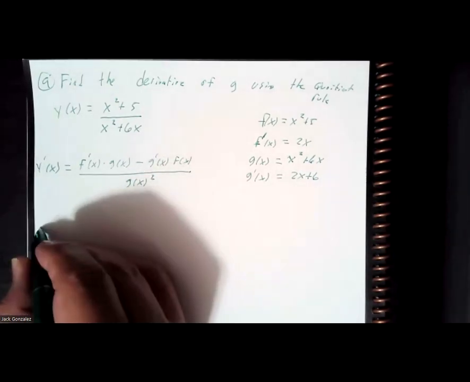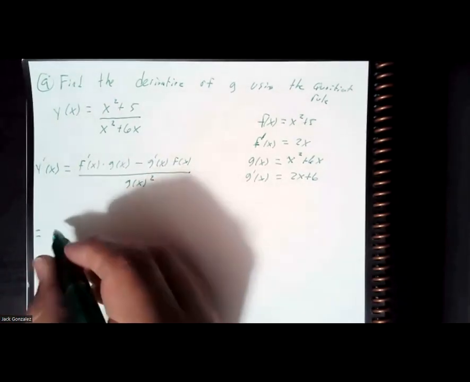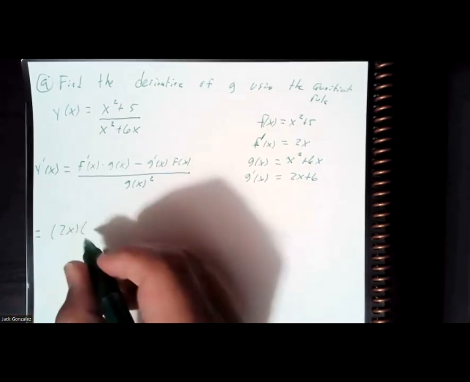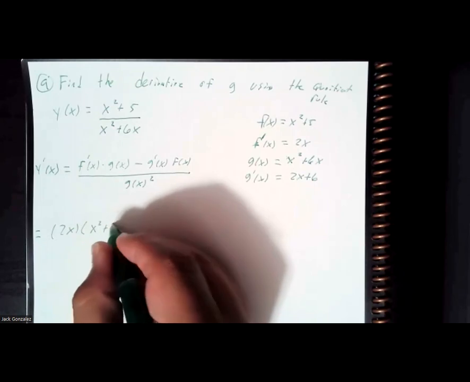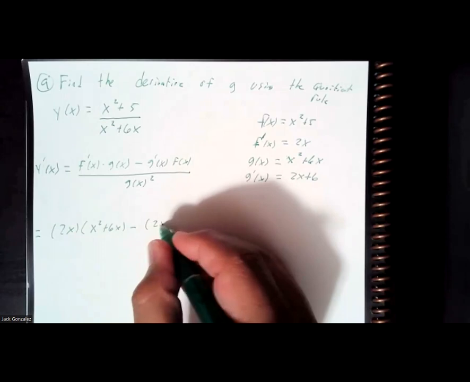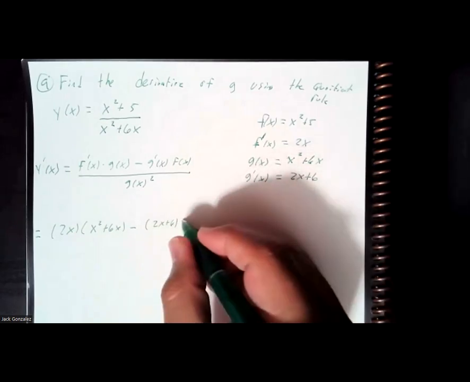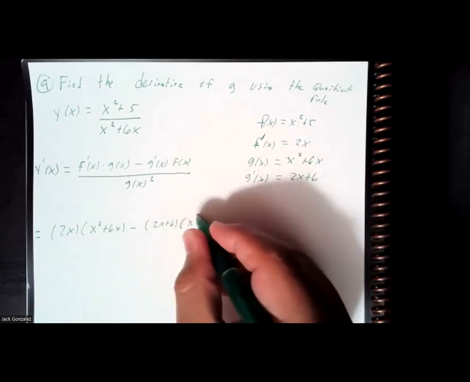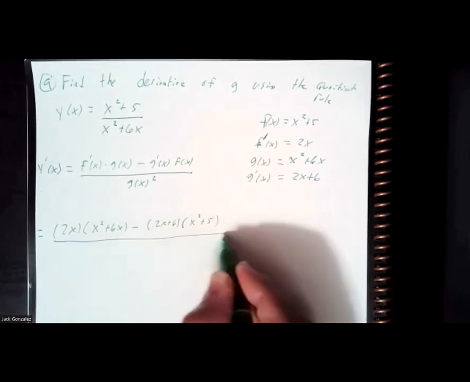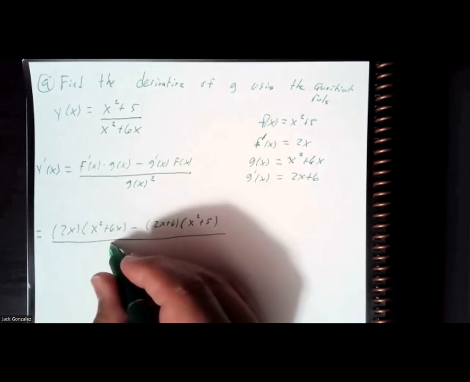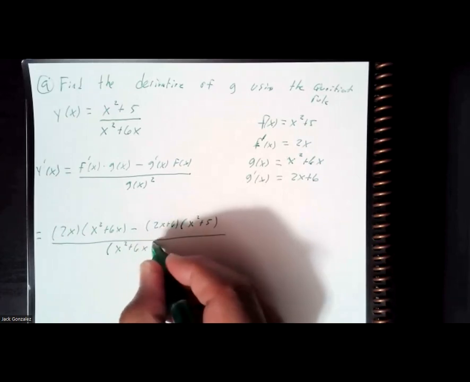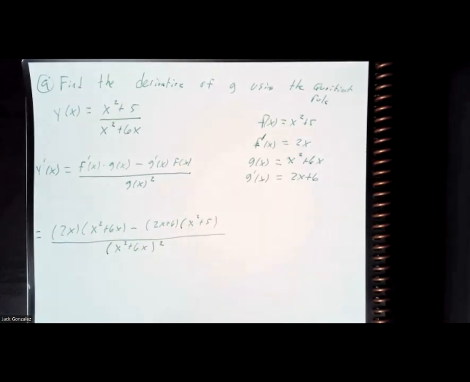Okay, so make some space for this. It'll be 2x times g minus 2x plus 6 times f, over x squared plus 6x squared.